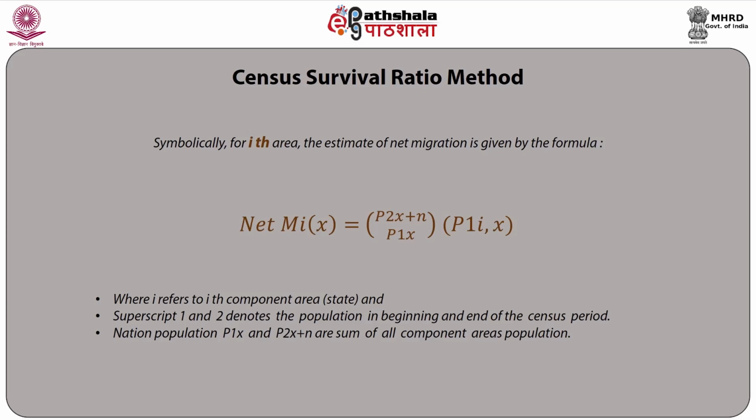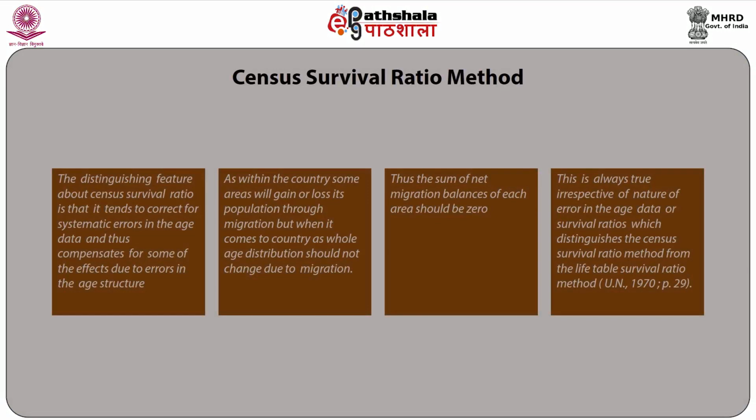National populations P1x and P2(x+n) are the sum of all component areas' populations. The distinguishing feature about census survival ratio is that it tends to correct for systematic errors in the age data and thus compensate for some of the effects due to error in the age structure.